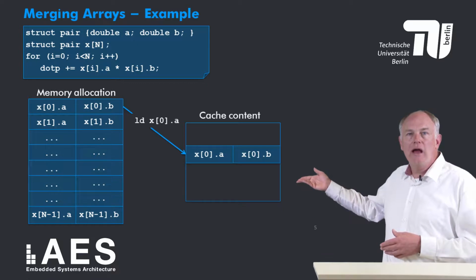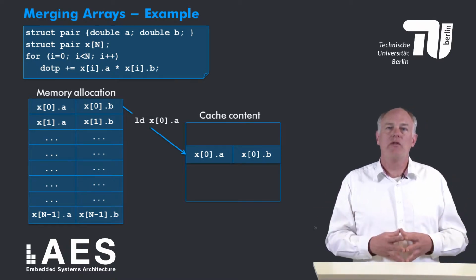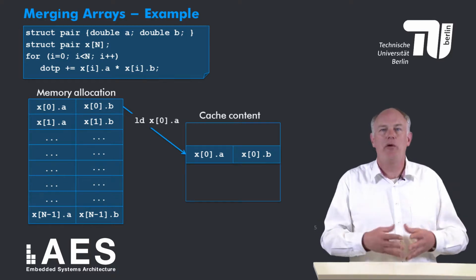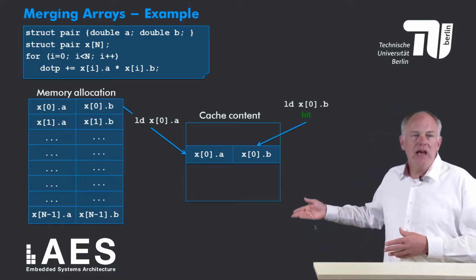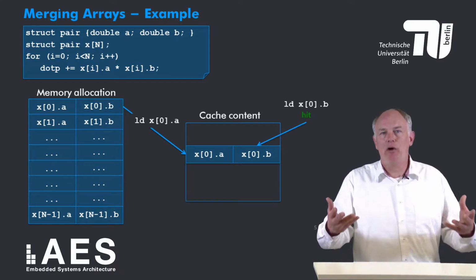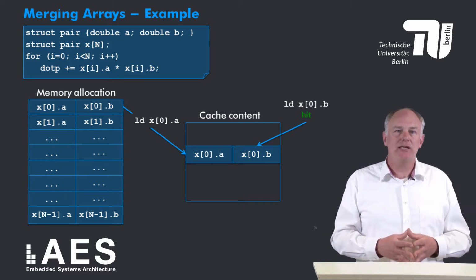First, our code accesses field A of x0. If it has not been accessed before, it will be a compulsory miss and the entire x0 structure will be brought to the cache. Then field B of x0 will be accessed. It has been brought to the cache by the previous miss, so this access will hit the cache.